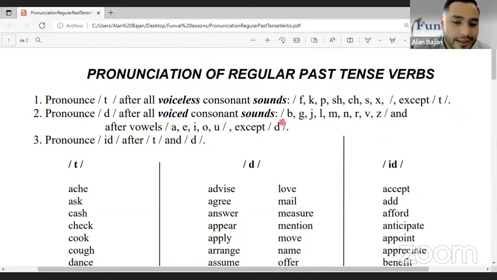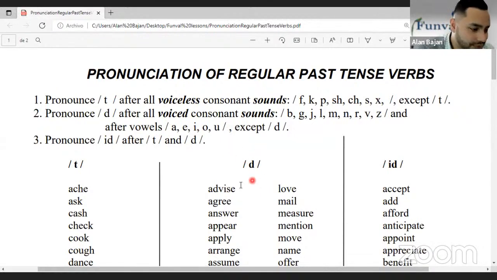El sonido de la B es B. Vamos a ver ejemplos. Oh, y también after vowels. A, E, I, O, U.